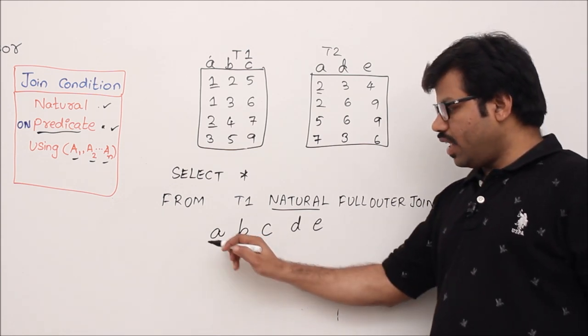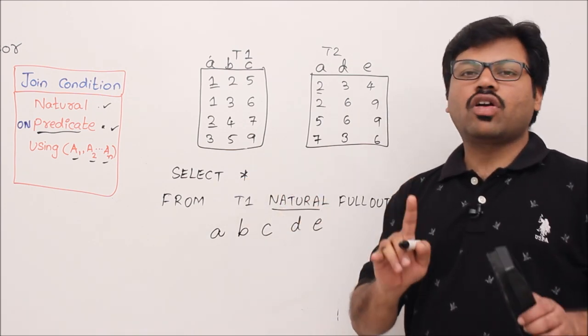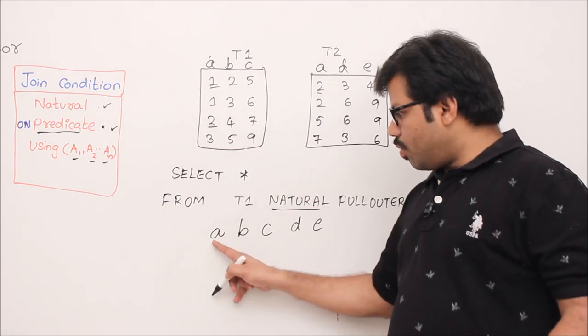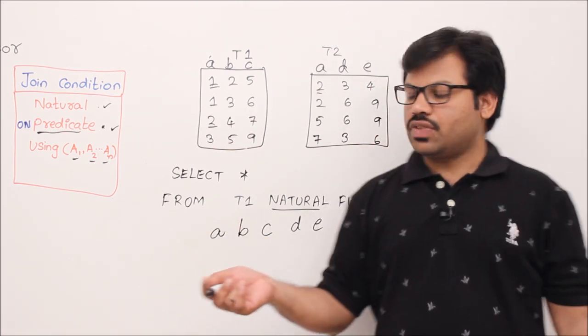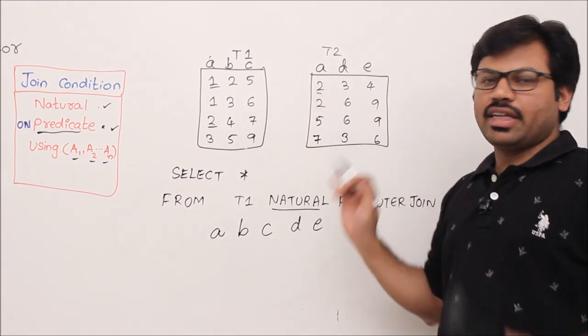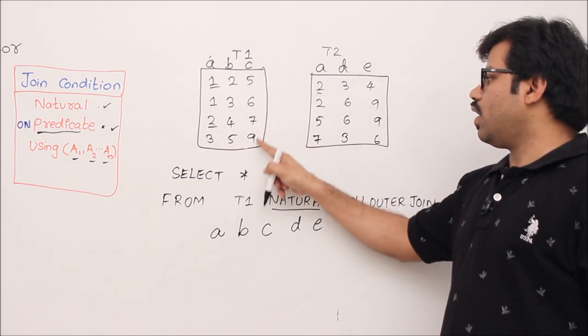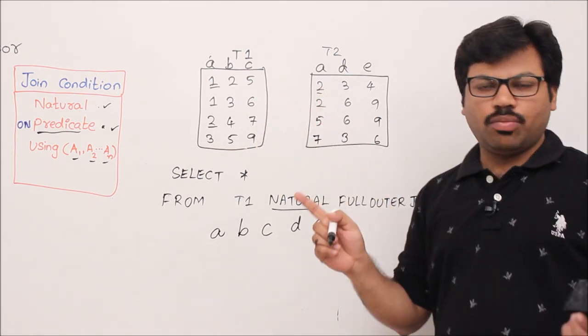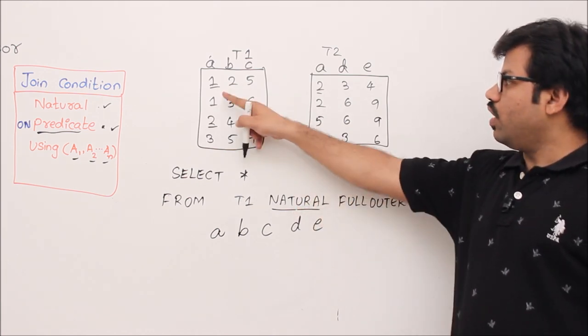You know the reason why A is repeated only one time: natural join means common columns will be equated, so that common column A will have the same values. Why repeat it two times? That's why only one time. Now it is like a Cartesian product. Imagine you are doing a Cartesian product. Then how many tuples will be printed? 4 versus 4, 16 tuples supposed to be printed, but here common columns will be equated.